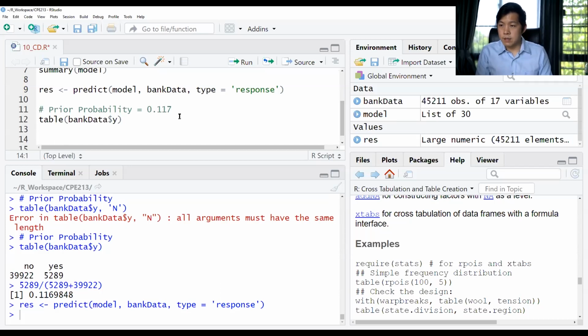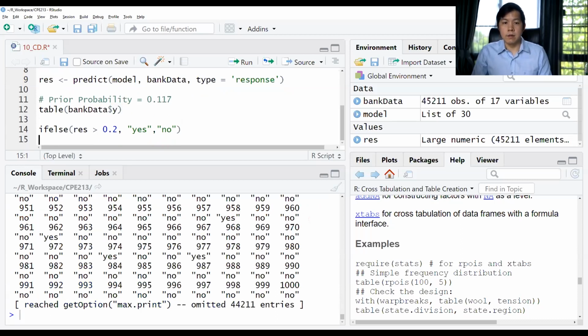We'll use if else. If res is more than 0.2, then you get yes. Otherwise, you get no. Right, we get the result here. Then convert it to factor, and we have res class.